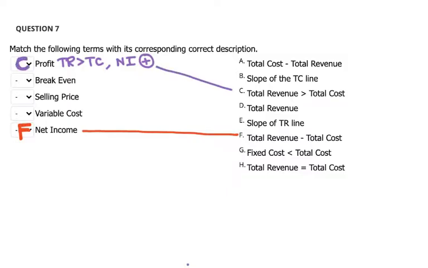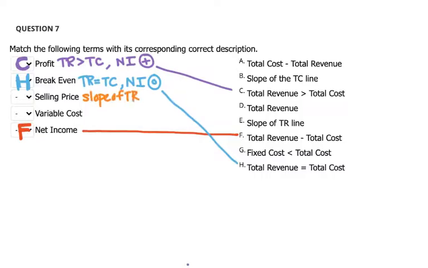Break even is when the total revenue is exactly equal to the total cost and your net income is 0. Where do we see that? We see that in part H. That's when you break even. Okay, and let's continue. Selling price is the slope of the revenue graph.